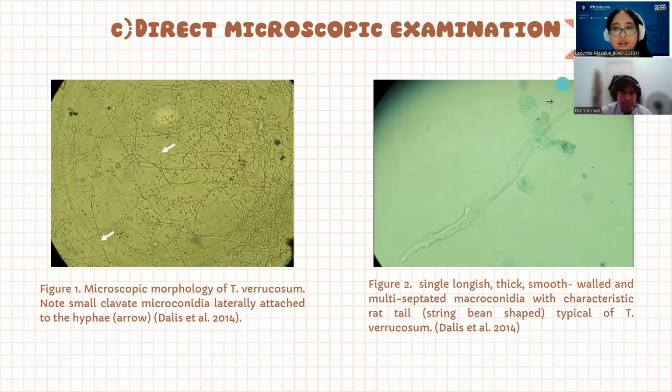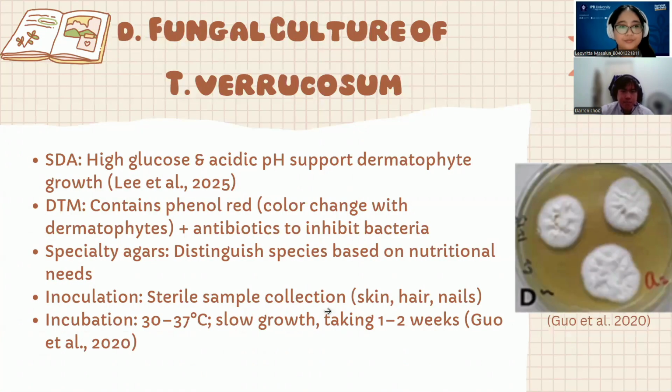And in the next figure, we can find a single long, thick, smooth-walled, multi-septate macroconidium with a characteristic rat tail, which is the string bean shape, typical of Trichophyton verrucosum. Both of the pictures are from Dalis et al. 2014. Then we move on.